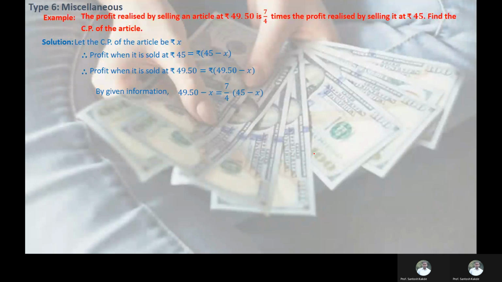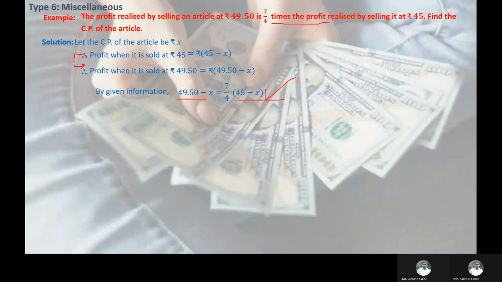So by the given information, 49.50 minus x, that is the profit when sold at this price, is equal to 7 by 4 times this one, 45 minus x, because here the word times is also given, times the profit realised, isn't it?